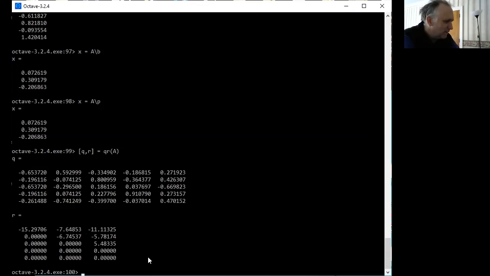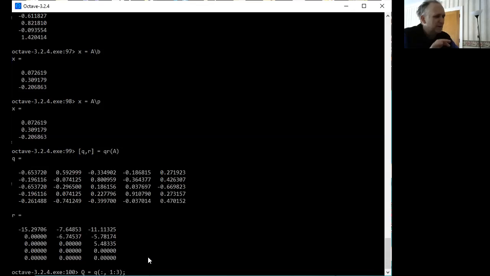But let's take Q and let's just grab the first columns of little q. So let's have Q equal little q, and I want columns 1 through 3, and I want all the rows, and this should give me the right thing for Q. I can throw away those other two columns.